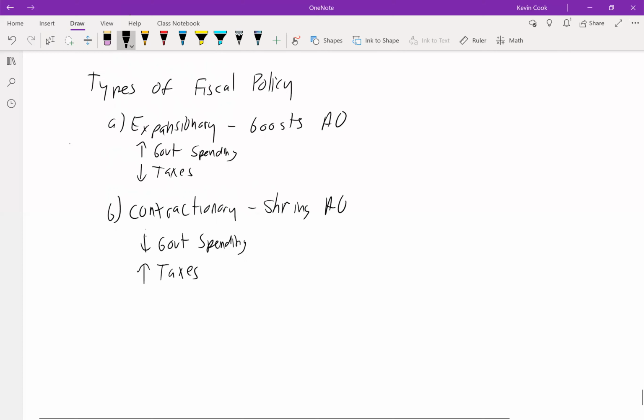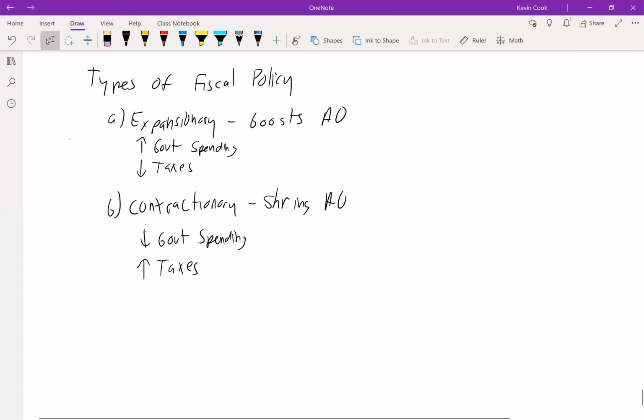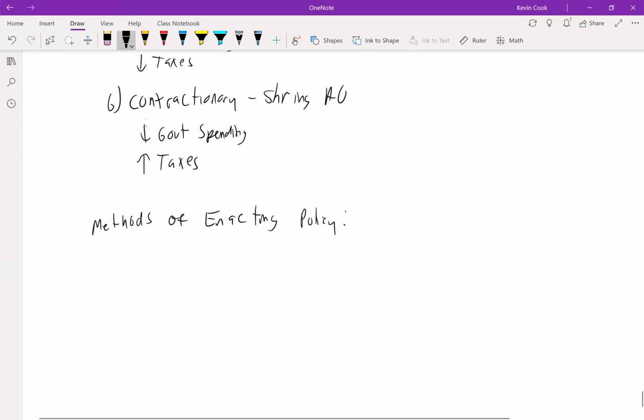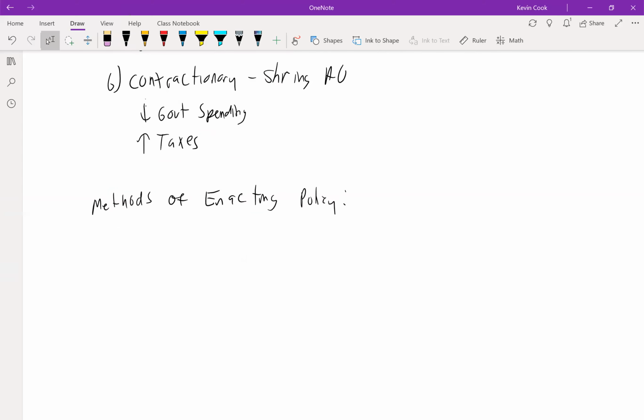So we also had methods of actually enacting policy. The first thing we introduced was our discretionary policy.